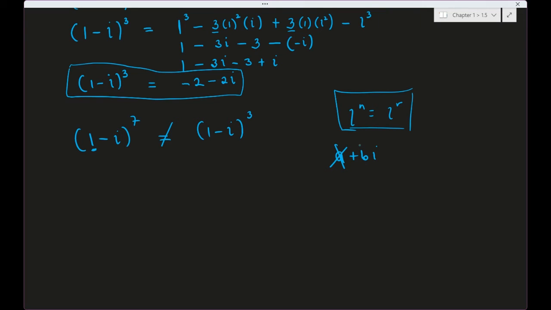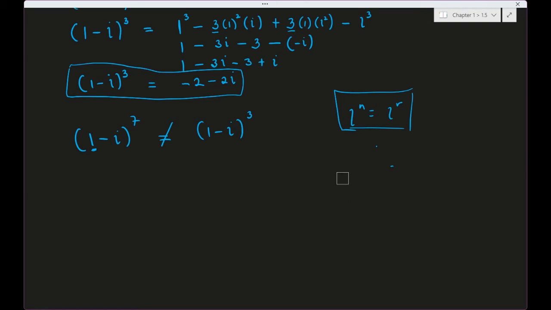So if the real part is 0 and you have only the bi, it's fine, because you can take the power, for example, power 75. This will just be b to power 75, then you have i to power 75. Then you can apply that rule here. But in a situation where the real part is not 0, then don't apply this rule.